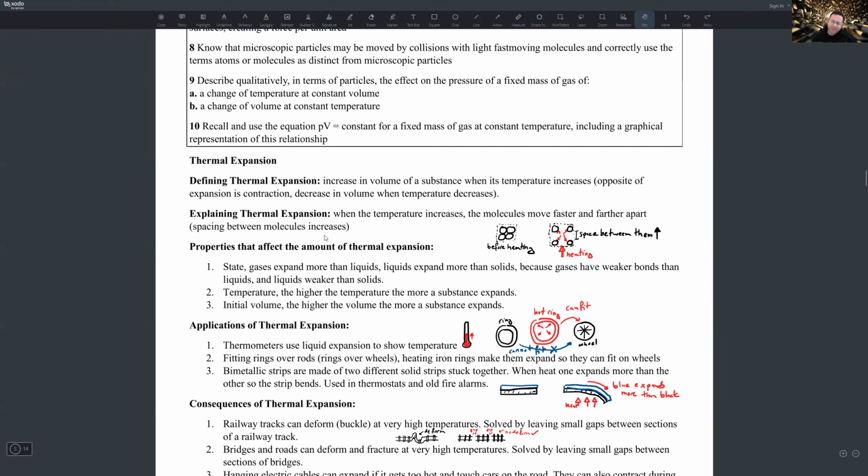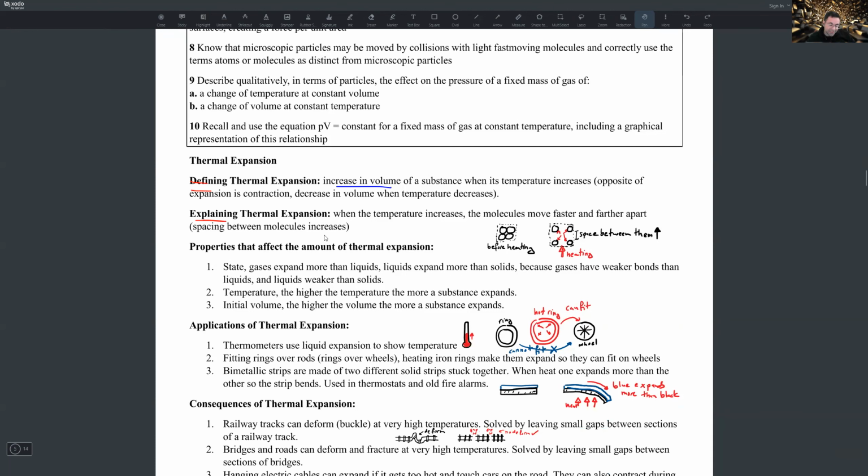What is thermal expansion? When you heat something, the molecules move faster, so the molecules move farther apart, which makes the volume of the substance increase. This is called thermal expansion. So an increase in volume. Why? Because the molecules move farther apart. There's a difference between defining or describing and explaining.